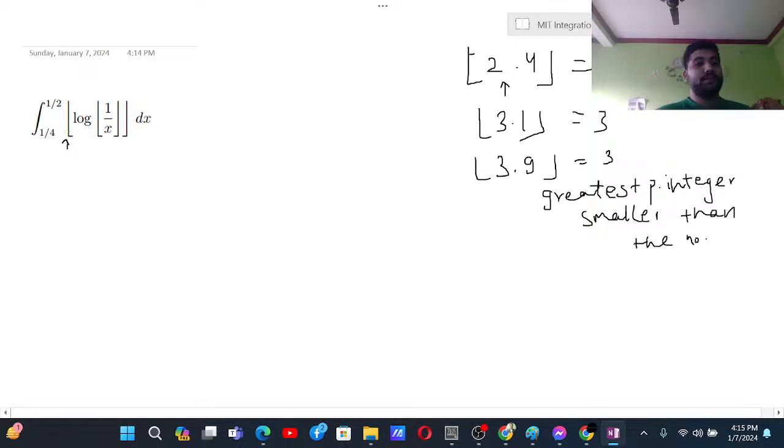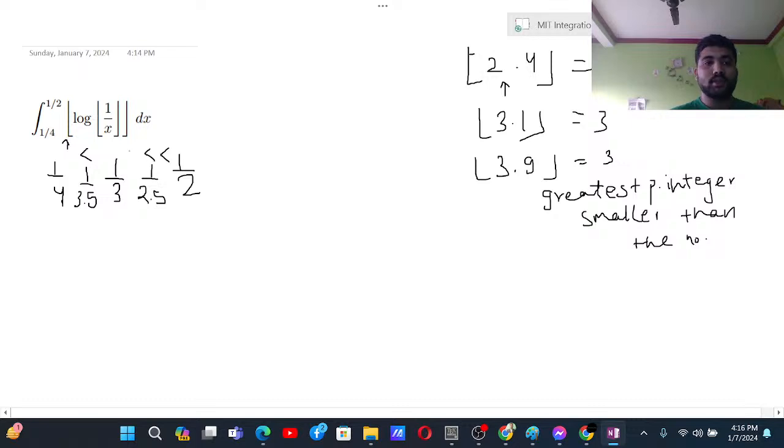Now over here we have GIF of log of, and then again GIF of 1 by x. So when it goes from 1 by 4 to 1 by 2, there will be numbers like 1 by 3 over here, and then we also have 1 by 3.5 and 1 by 2.5.